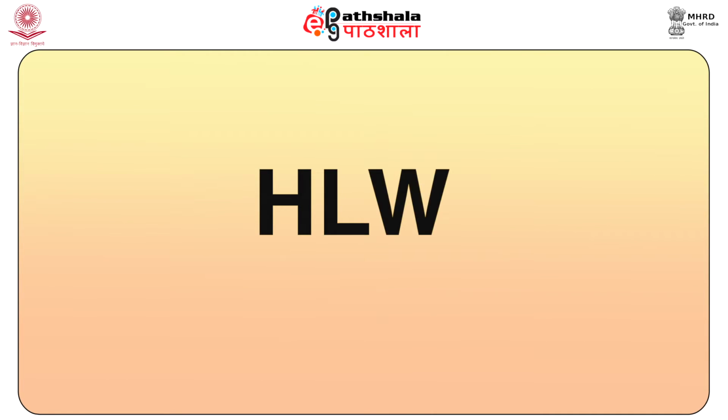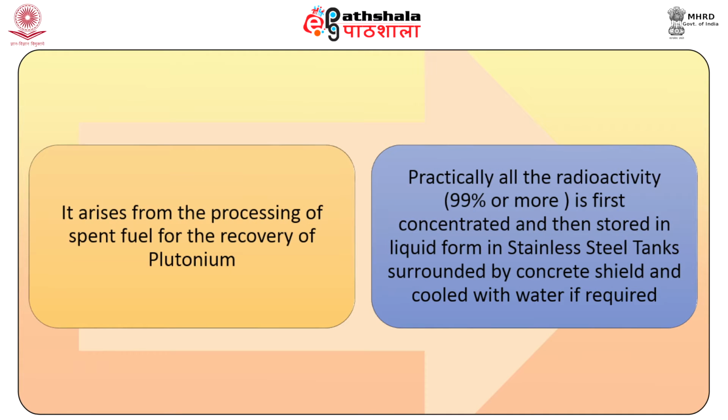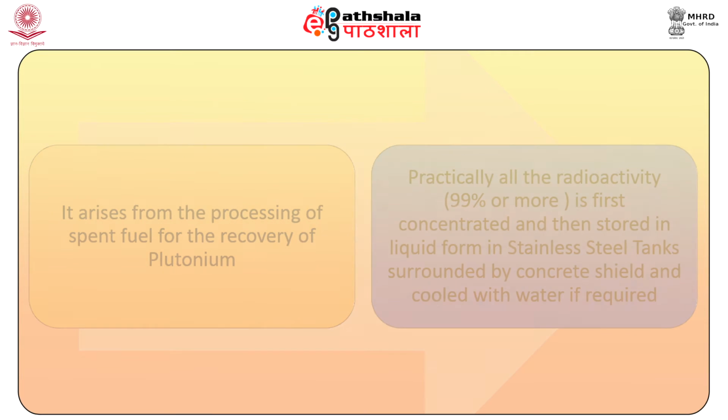High level waste. It arises from the processing of spent fuel for the recovery of plutonium. Practically all the radioactivity, 99% or more, is first concentrated and then stored in liquid form in stainless steel tanks surrounded by concrete shield and cooled with water if required.